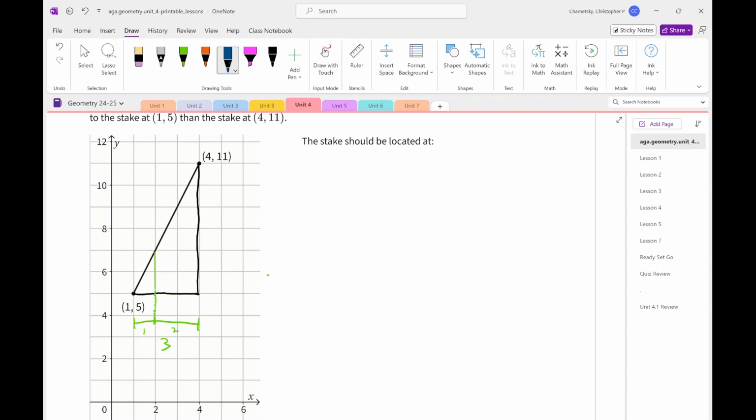Same with the y's. We can see that this has a length of 6, starting at the lower end. If we divide that into thirds, each partition would be 2. So if we want 1 part here, here's 1 part, then there's 2 parts on the vertical. So this is the division on the vertical side.